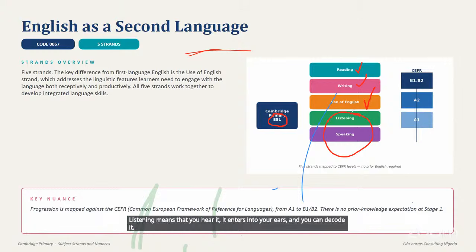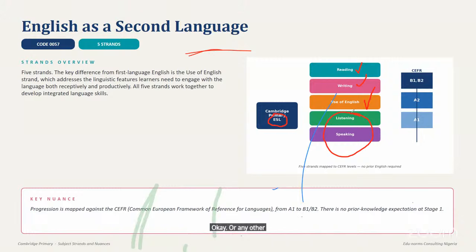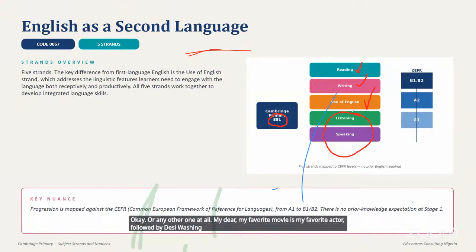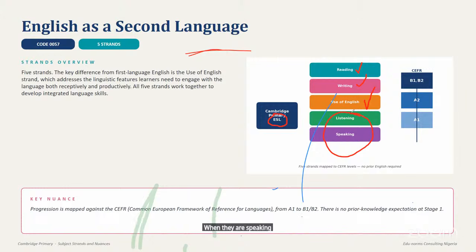For instance, Jason Statham is my favorite actor, followed by Denzel Washington. But I beg you, when they are speaking, I am not able to decode what I hear. That's why I'm always very joyful that every English movie comes with English subtitles.